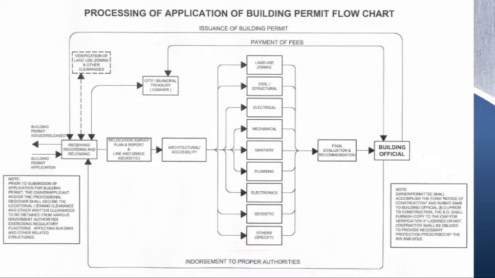In this part, the building official may say that this shows that the project is worthy of issuing building permit. And the next step will be the receiving or the recording and releasing of the building permit. And there you go. Then you will have the building permit issued and released.